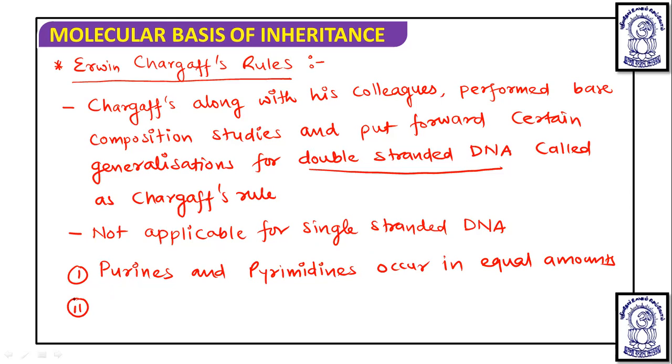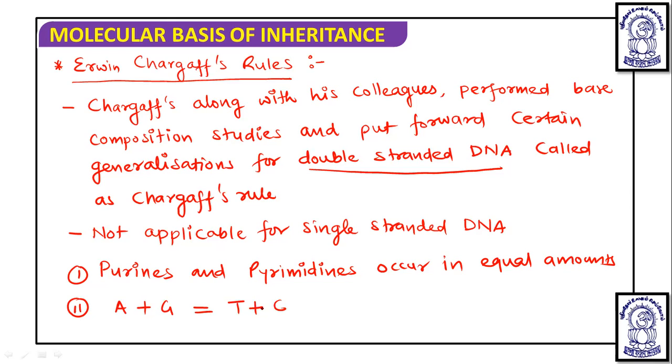We know that purines which are found in DNA are adenine and guanine, and pyrimidines of DNA are thymine and cytosine. So the purines, that is adenine plus guanine, are in equal amount to the pyrimidines, that is thymine plus cytosine.